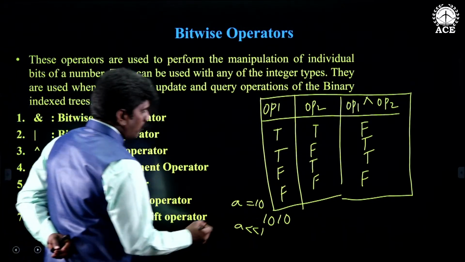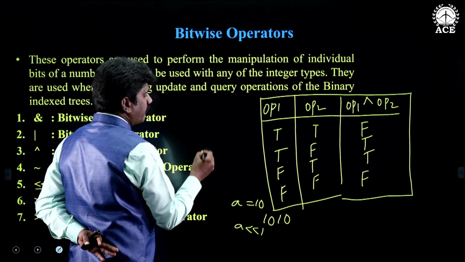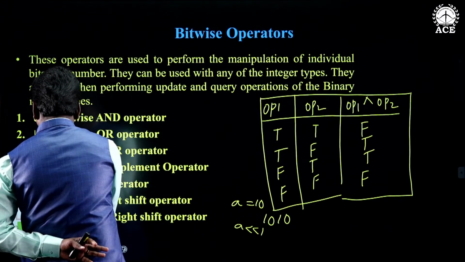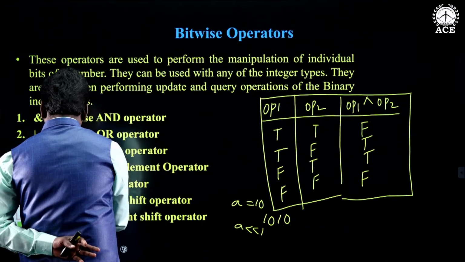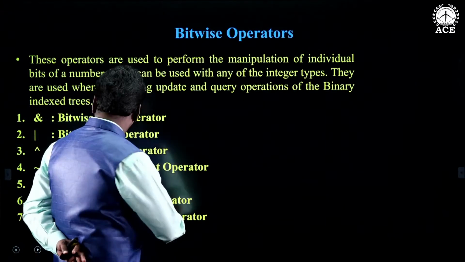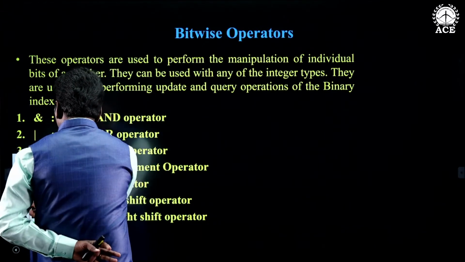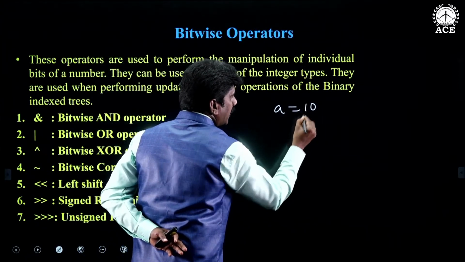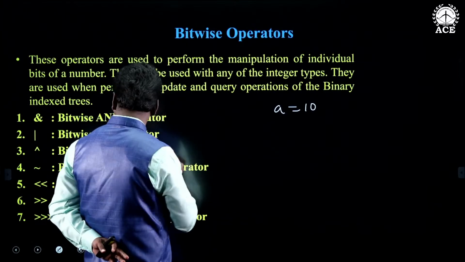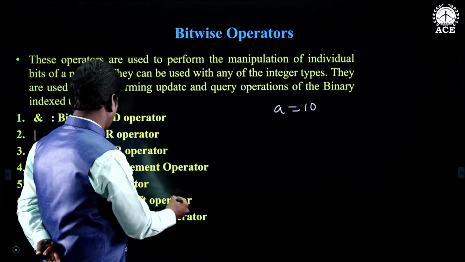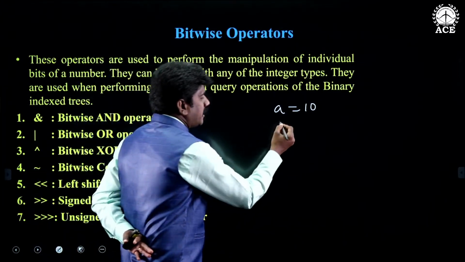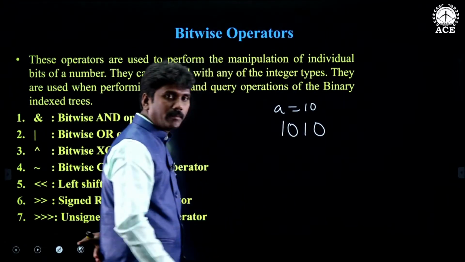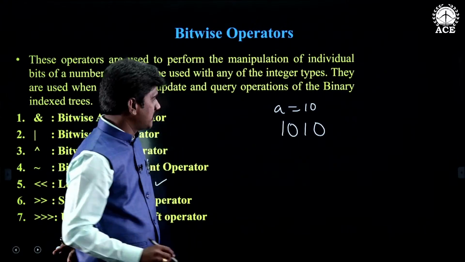Let us take it once again. We have taken A is equal to 10, and we are going to apply left shift. If we convert it into binary format, it is going to be 1010.